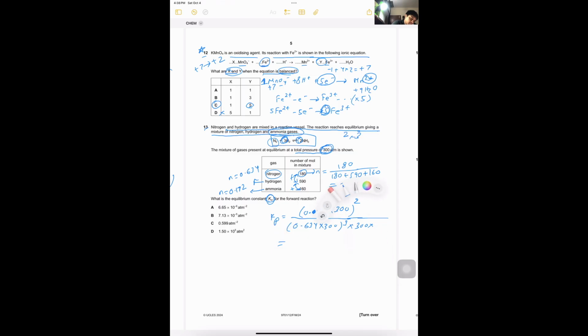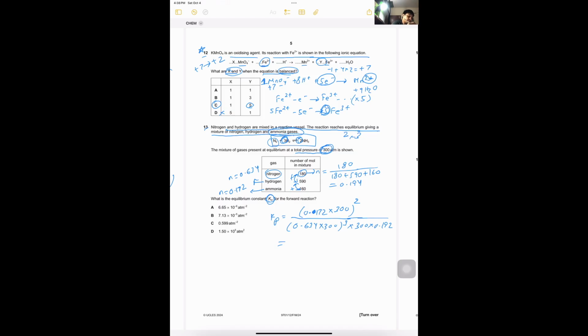It's 0.192. Okay, 0.192, this should come. So it comes 0.172 into 300, 0.634, 300 whole cubed, 194.